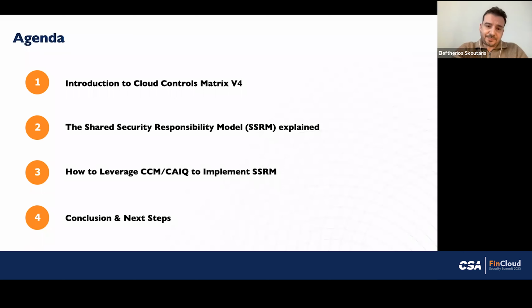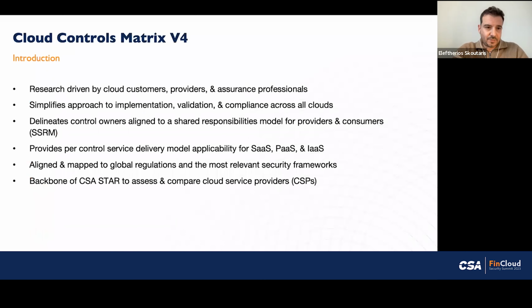Then we're going to provide a very brief overview of what the SaaS security responsibility model is, and we will move on to our third section, in which we will describe to the group how the Cloud Control Matrix facilitates the integration of SSRM related guidelines or controls, and then we will conclude the presentation.